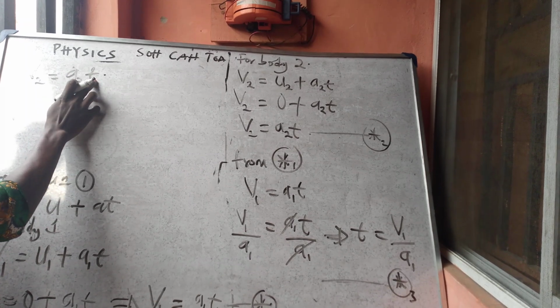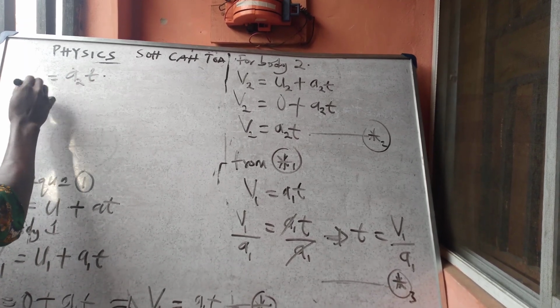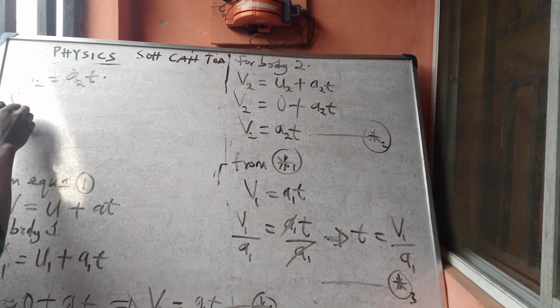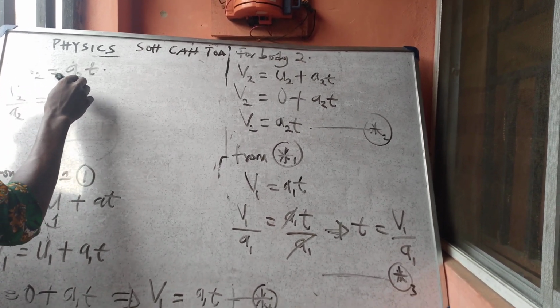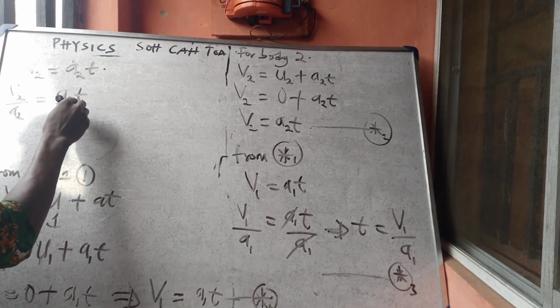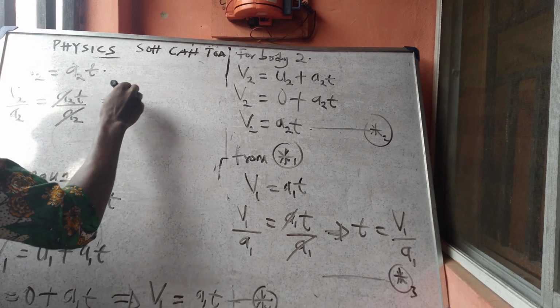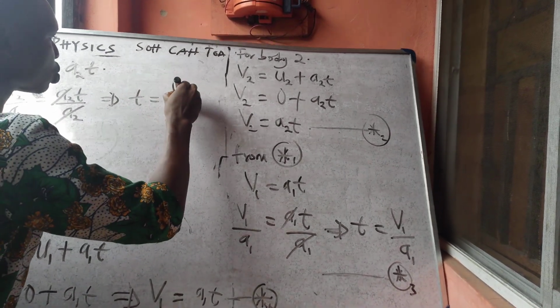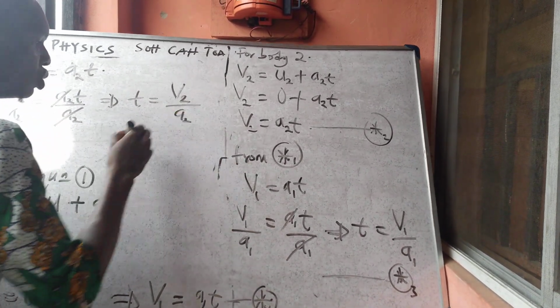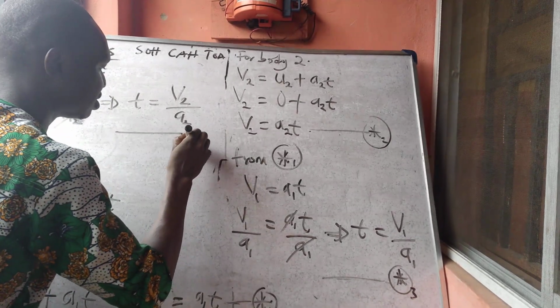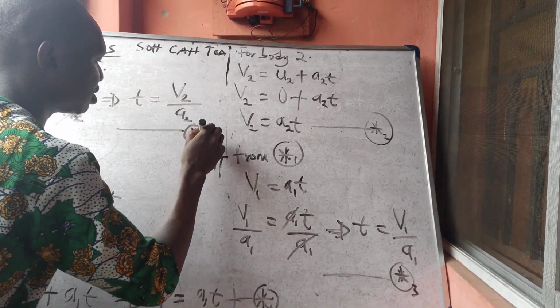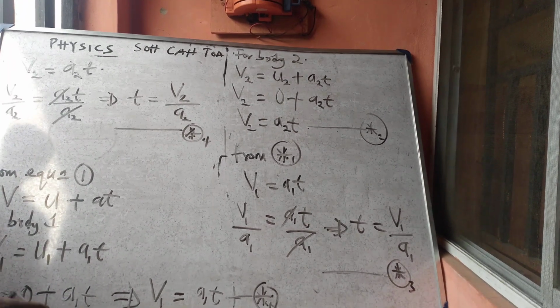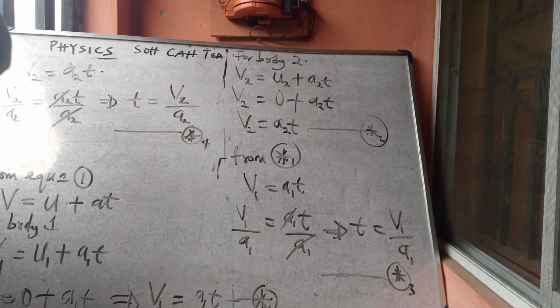Divide both sides by the coefficient of time. Coefficient of time here is what? a2. That will be v2 over a2 equals a2t over a2. This will cancel this out, and having that time is equal to v2 over a2. You can call this equation asterisk 4.